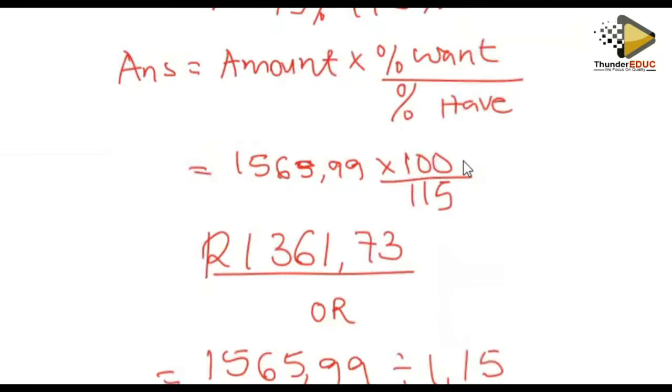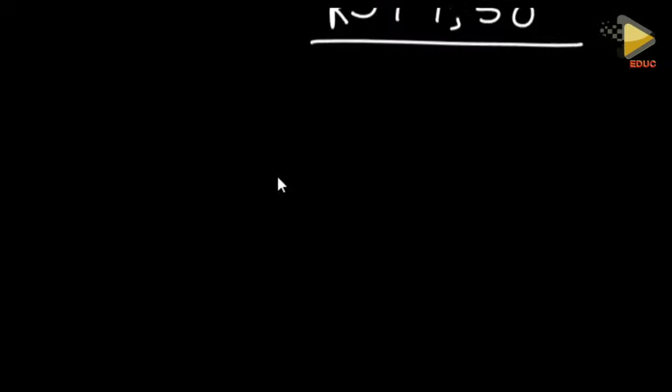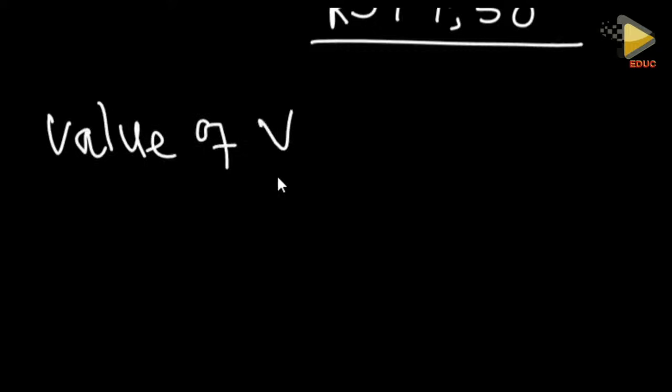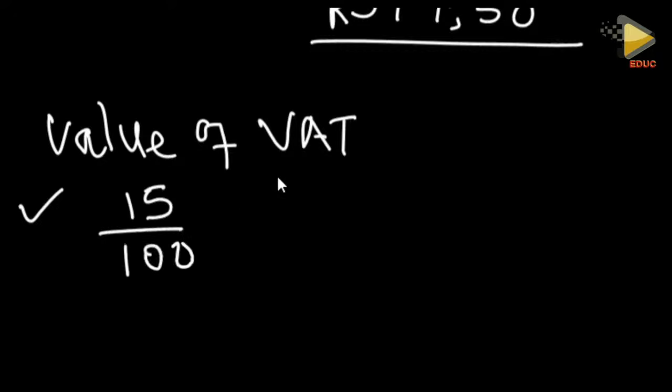Shall be looking at another example. Or in simple terms, if I'm looking for the value of VAT, I will say 15 over 100 times the price that has no VAT.